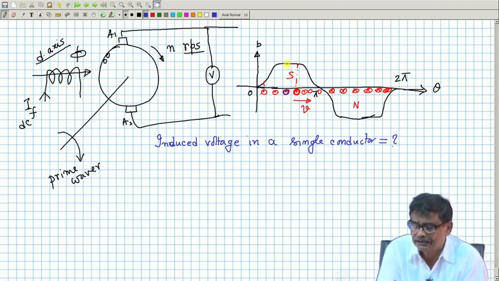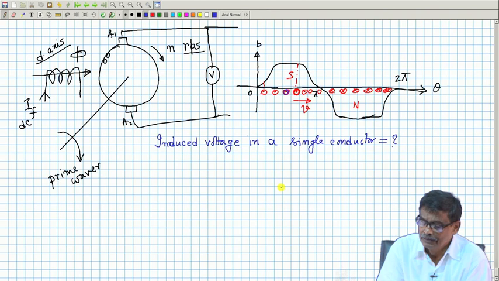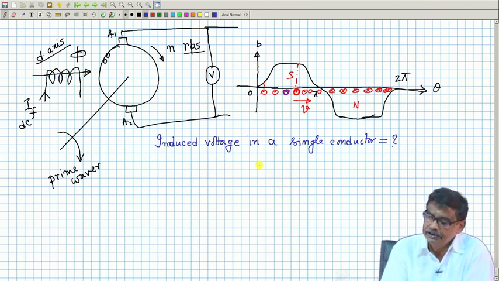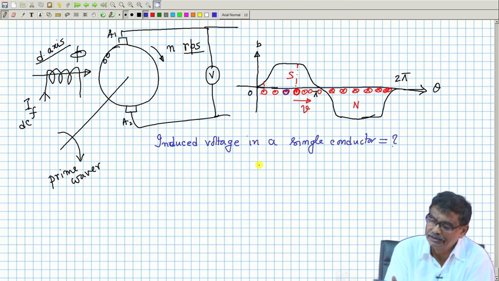Then once again it retains that value if it is flat top, then once again it is decreasing. Therefore, the magnitude of the voltage induced in a single conductor is not constant when it is under one pole, that is fine, but its polarity remains same.